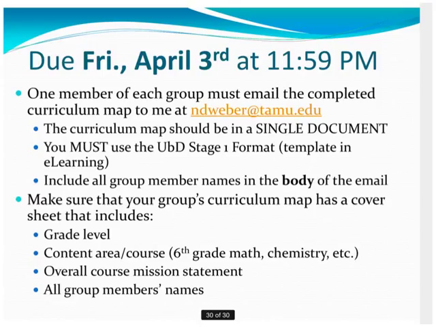It needs to have your overall course mission statement that is going to guide the 3 units. And again, all of your group members' names need to be on that cover sheet. Behind the cover sheet, you'll have your first unit, then your second unit, then your third unit, again, in 1 single document. So there you go. That's your curriculum map assignment.